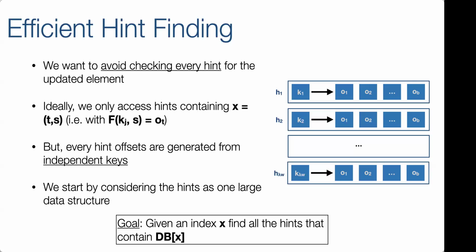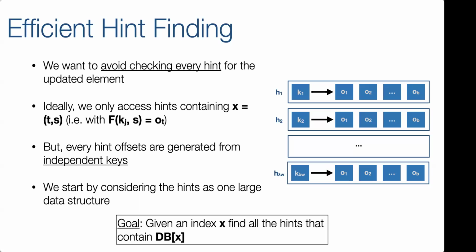Unfortunately, the way the hints are structured right now, it seems unachievable unless this PRF has very weird properties, because these keys are completely independent of one another. Each one is just a random bit string generated with some key derivation function. So it's not clear, given this set of keys, how you're going to find just the hints that contain the element you're interested in.